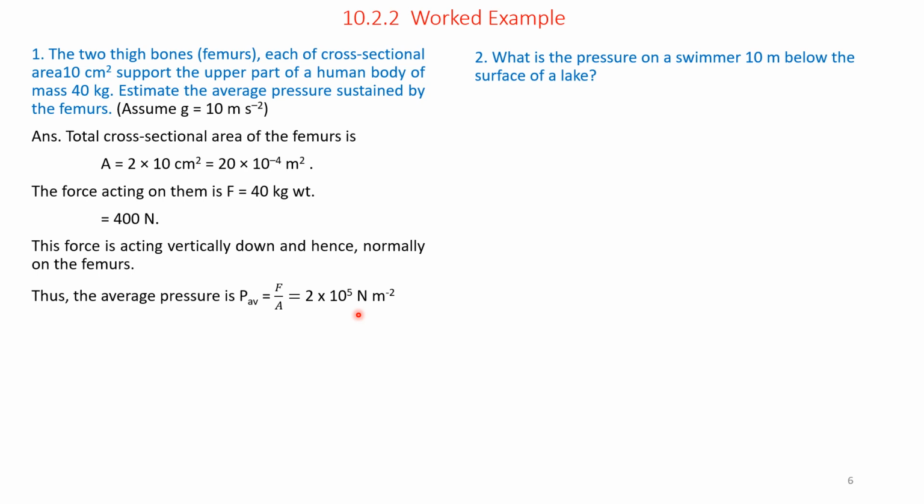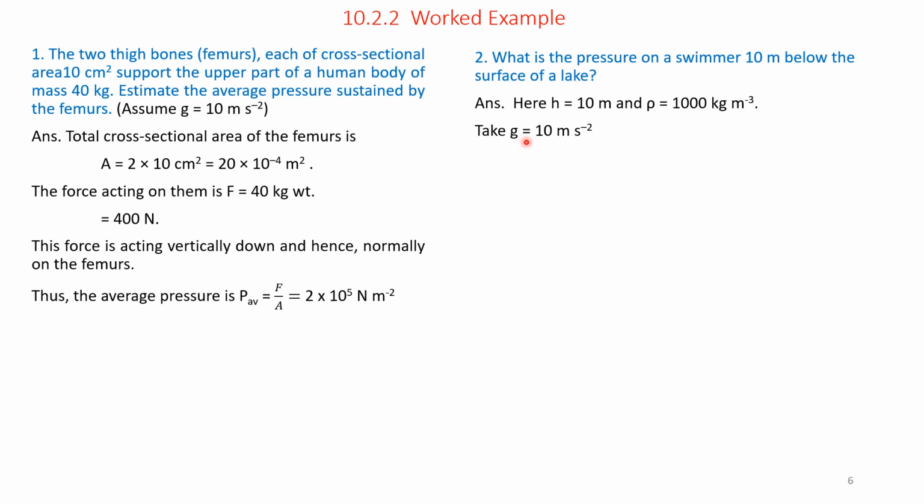What is the pressure on a swimmer 10 meters below the surface of a lake? Here h is given as 10 meters and rho is the density of water, which we are taking as 1000 kg per cubic meter.